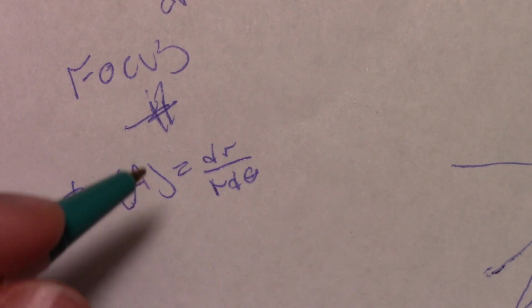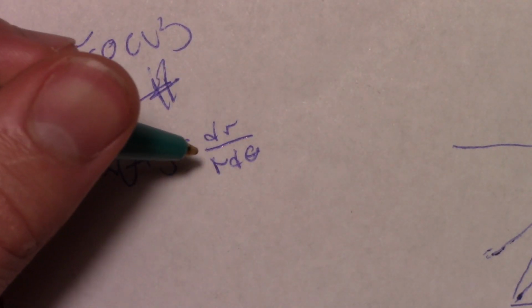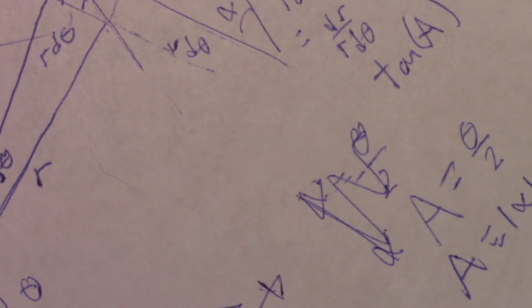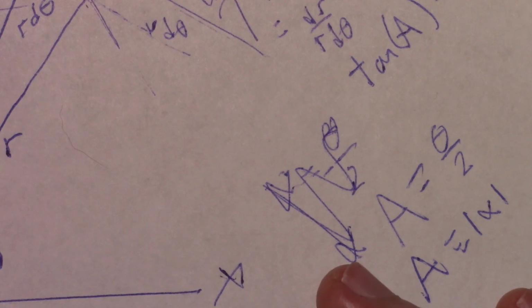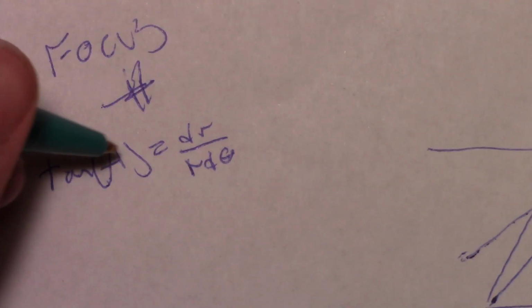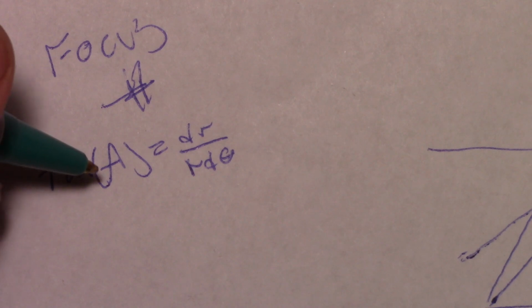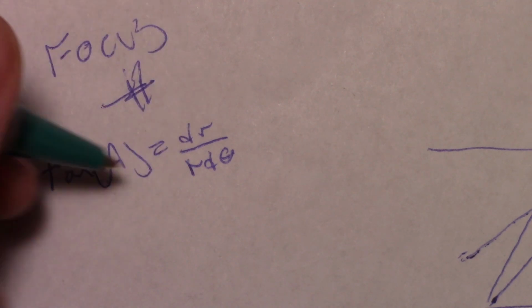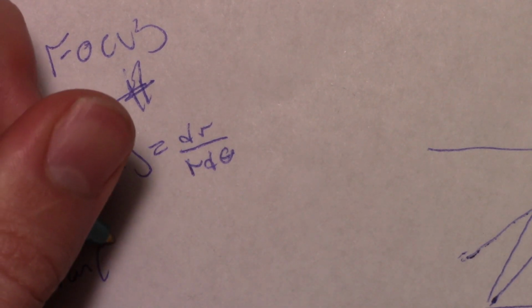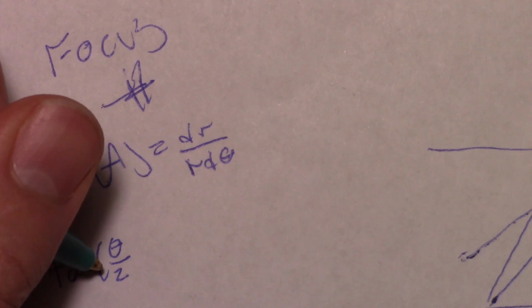Beautiful. Move the r d theta to the other side. Wait, did I say r d theta? Is it dr over d theta, or was it tangent? It was dr over r d theta. Yes, it was that. Wait, why am I still writing A? We can just write it as theta over 2, and bring the thetas to one side, so tangent of theta over 2, maybe it's negative theta, who knows?